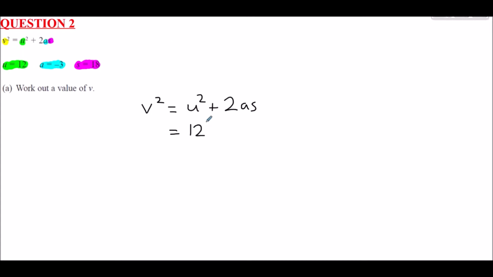So that's 12 squared plus 2 multiplied by negative 3 multiplied by 18. Just by substituting in the numbers we know. So we knew that u is 12. We were told that a is negative 3. And we're also told that s is 18.